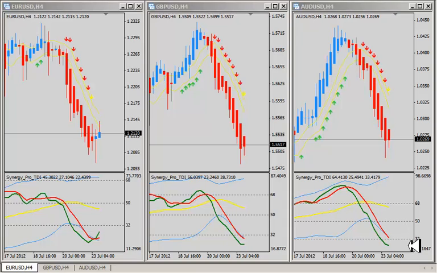So oftentimes I find when I follow these three pairs, one leads and the other two follow. From one day to the next, we might have a change in who's leading compared to who's following. For instance, if the commodity market is really strong, it may be the Aussie dollar that's leading the pack.